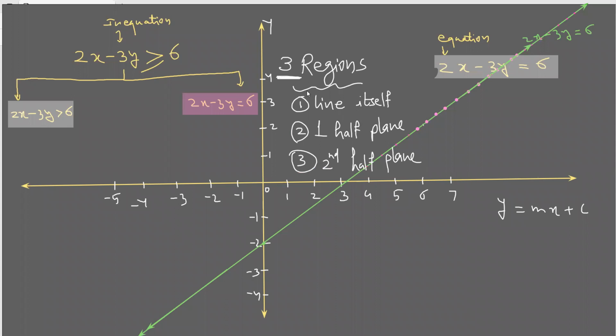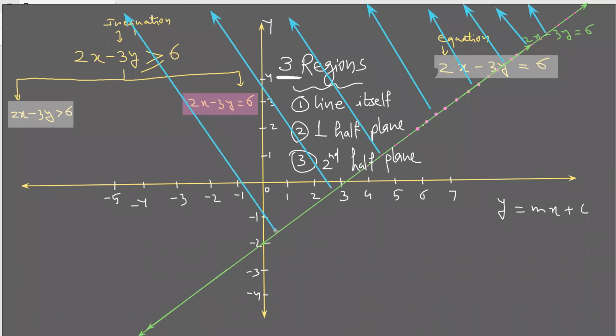I'm talking about these half planes. See, this is one half plane, you can say above the line. This is one half plane above the line.